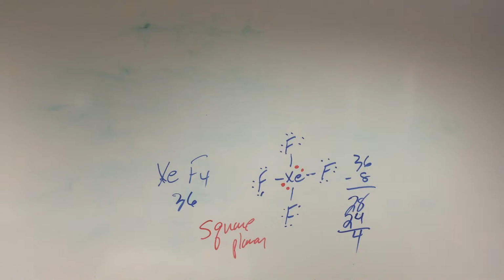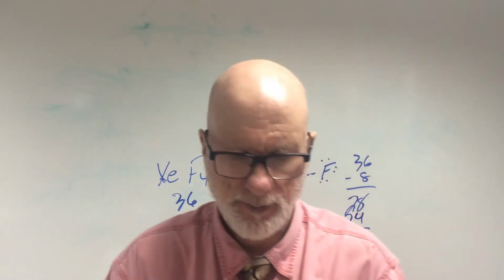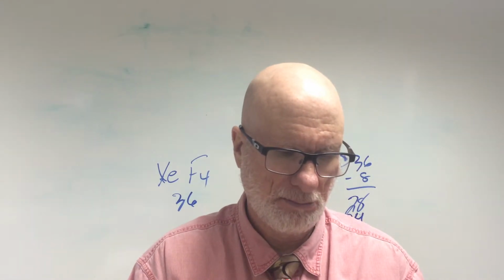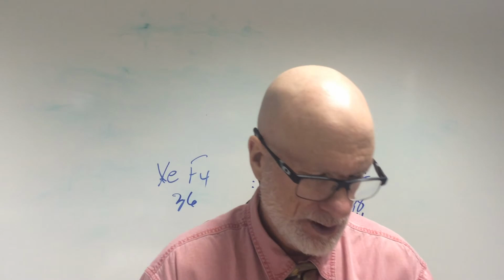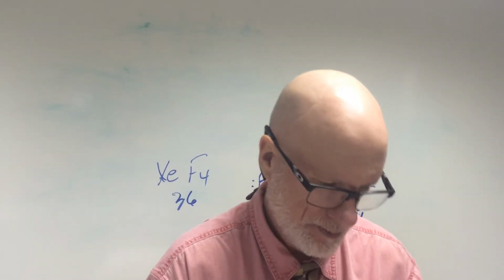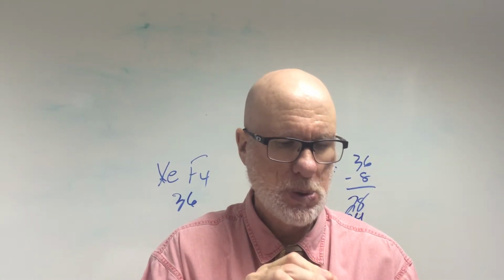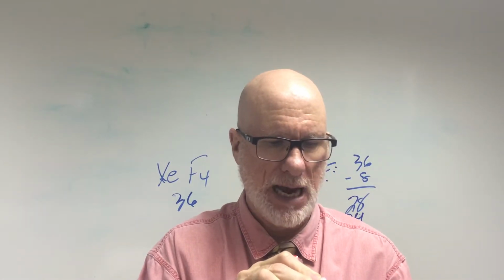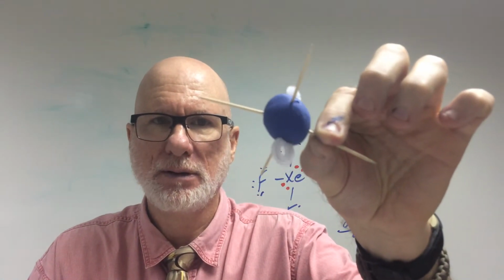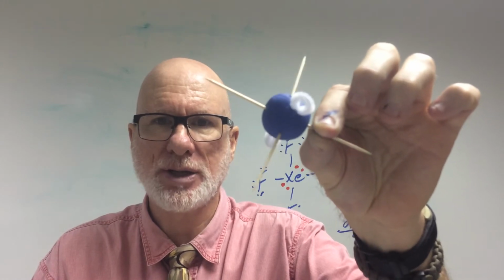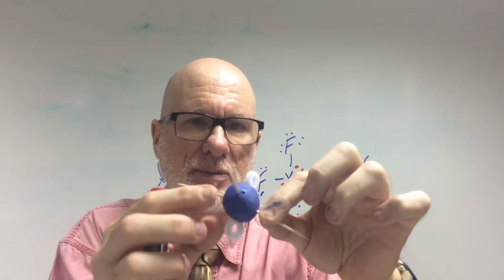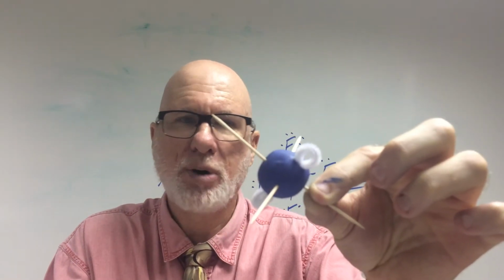This is opposite, and this goes like this, perpendicular. And this one. Can you see that? Does that come up good? See that? The 2 extra pairs, the 2 non-bonded pairs. These are non-bonded. These are bonded. Square planar. Polar or nonpolar?